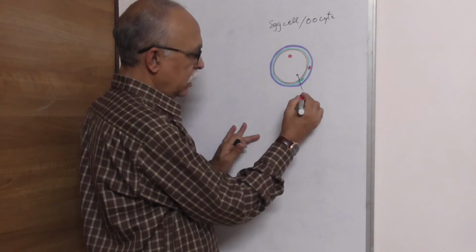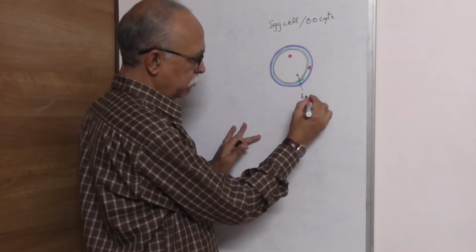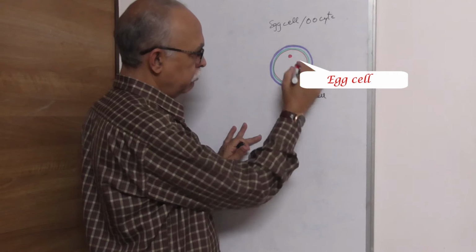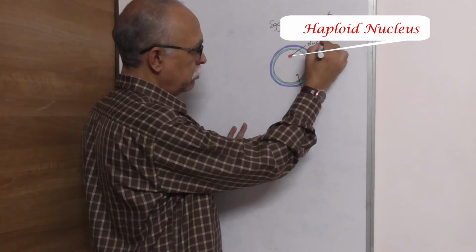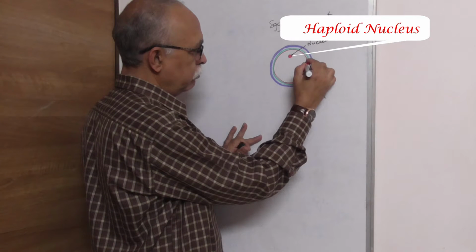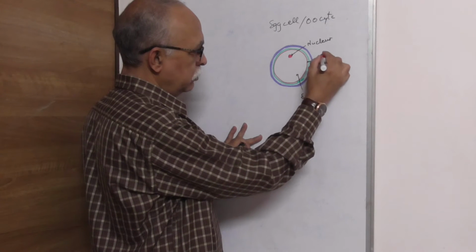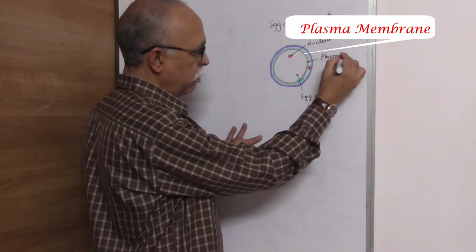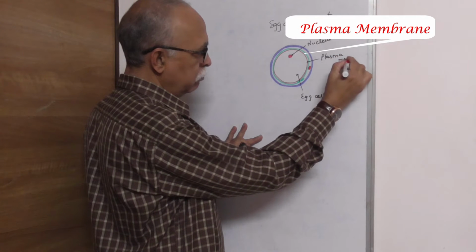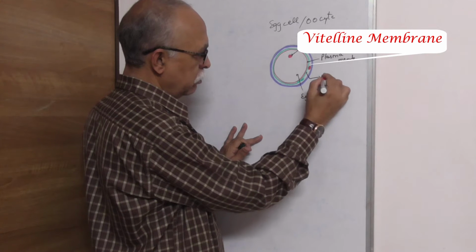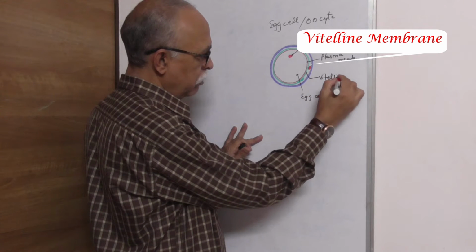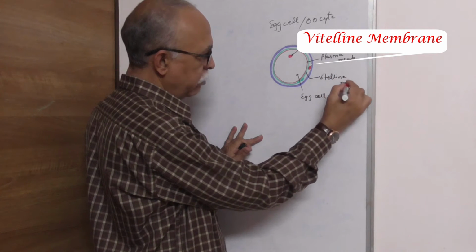This is the egg cell. Here is the haploid nucleus. This is the plasma membrane, around which is the vitelline membrane.